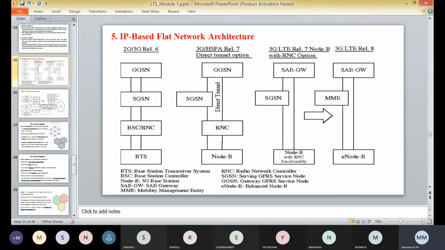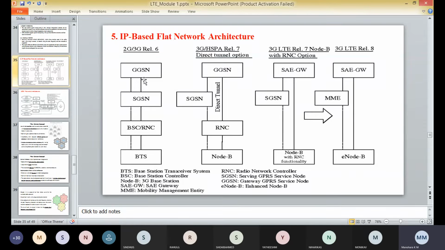Release 7 introduced a direct tunnel option from the RNC to the GGSN, which eliminated the SGSN for the data path.